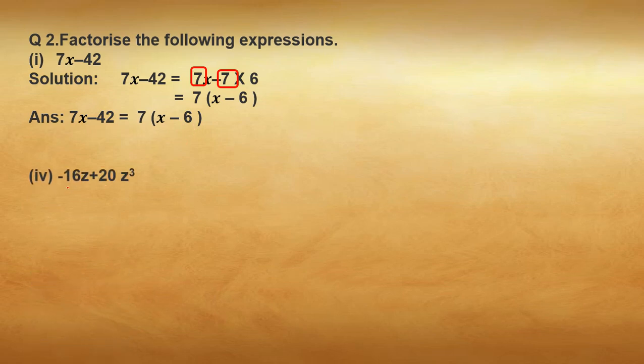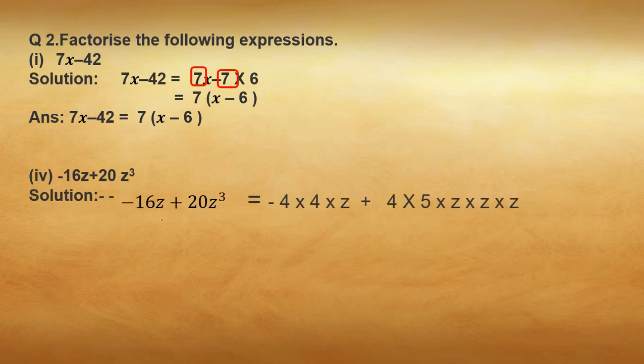Let's consider one more: -16z + 20z^3. This can be written as -4 x 4 x z, as we know 16 is 4 x 4, and 20 we can write as 4 x 5 x z^3. Now in both terms we observe that 4 is common, and the variable z is also common, so we can take 4z common from both terms. The rest of the quantities are -4 in the first term and 5 z z in the second term.